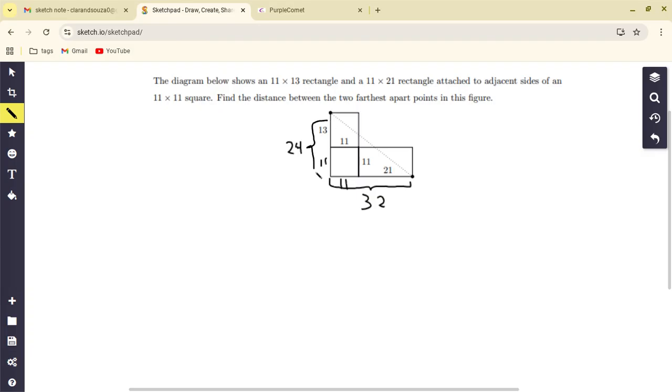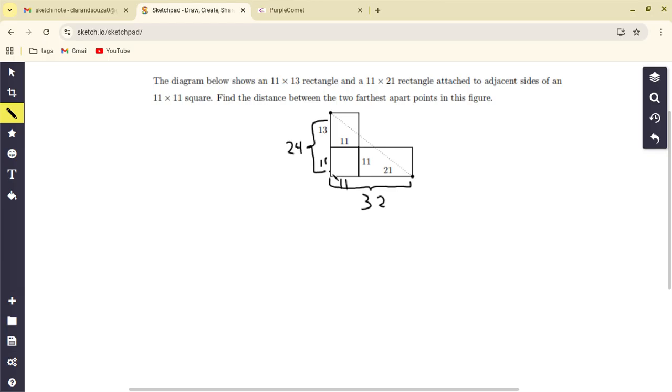So now that we figured that out, we can use a formula called the Pythagorean Theorem. What this formula says is, if there is a right triangle, we can use both of the legs to find the hypotenuse. The hypotenuse is the longest side in the shape and is usually directly opposite from the right angle.